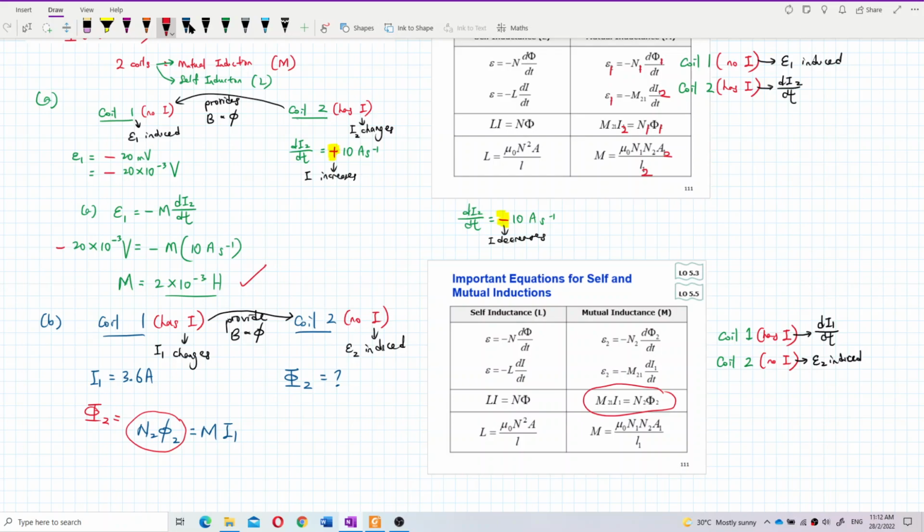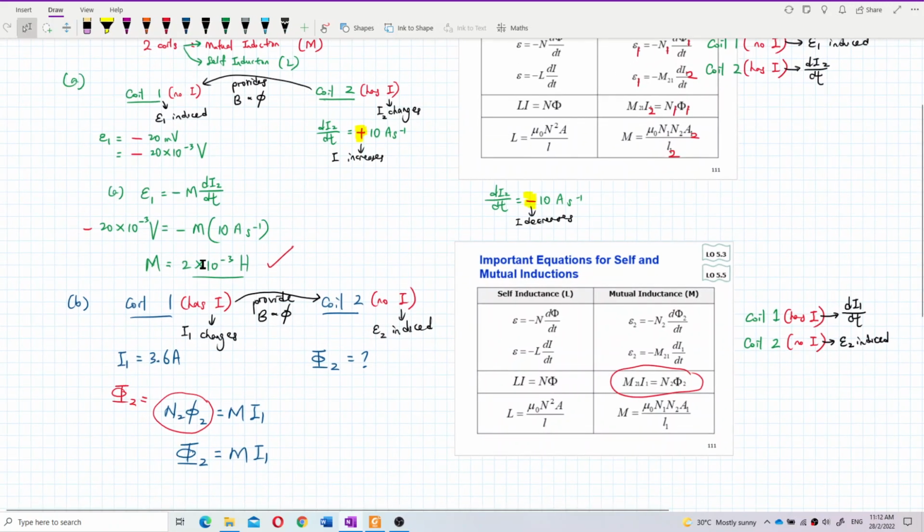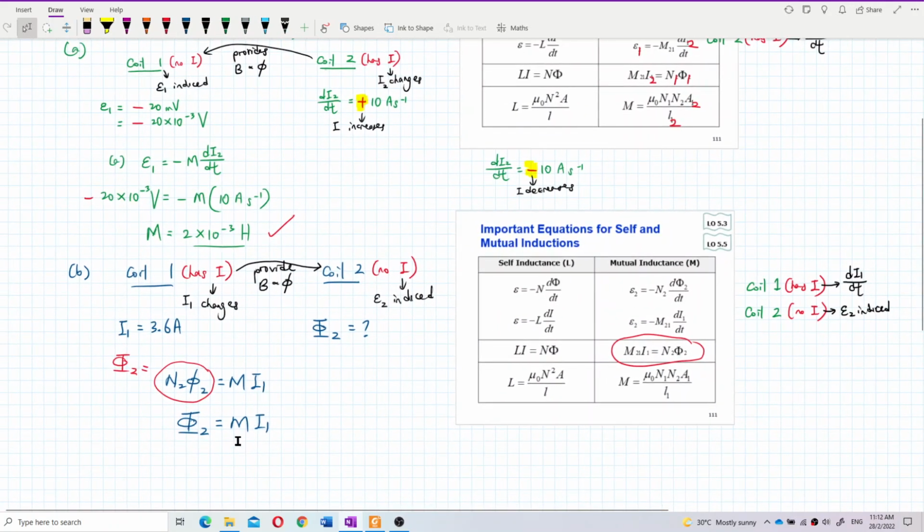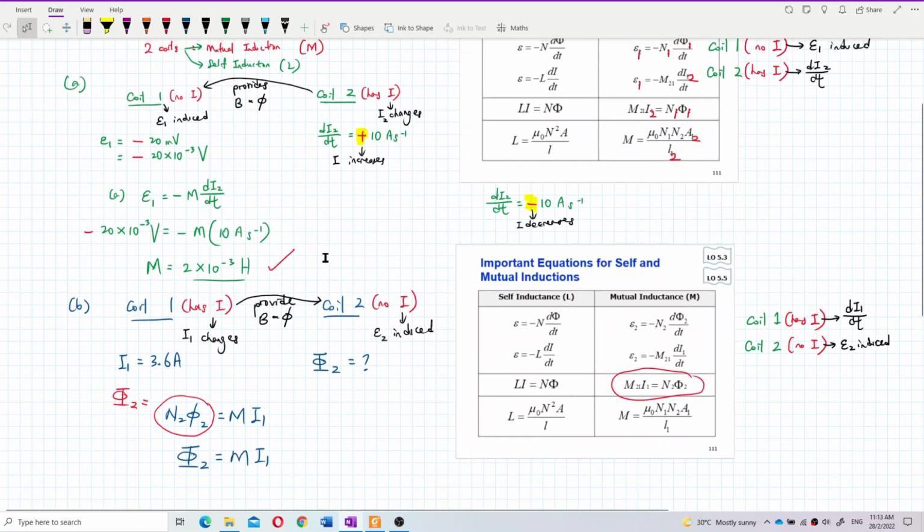So the magnetic flux linkage in coil 2, capital Phi, is equal to M I1. We can reuse the mutual inductance value because although you change which coil has the current, the mutual inductance remains the same. So putting in the mutual inductance from just now, we get 2 times 10 to the negative 3, and I1 is 3.6 ampere.